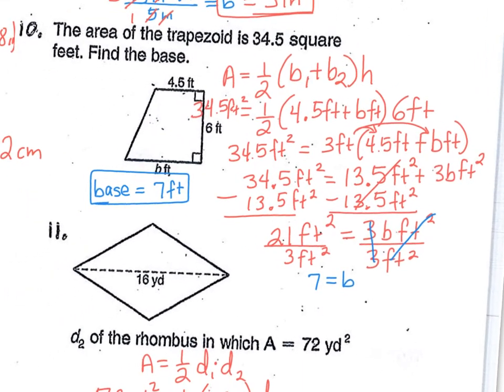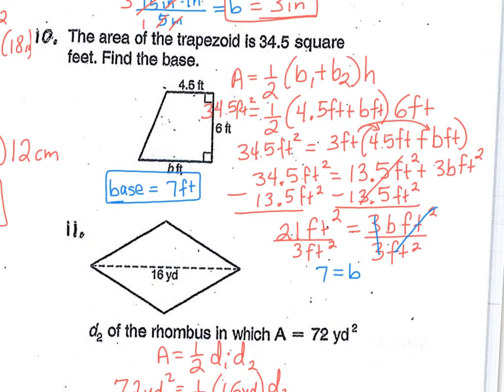Let me just let you copy that just in case. That was number 10, yes. And what's the answer for number 10? 7 feet. Are we looking for base 2? It doesn't really matter, because I got a different answer and it works fine when I plug it in. Should I show you?